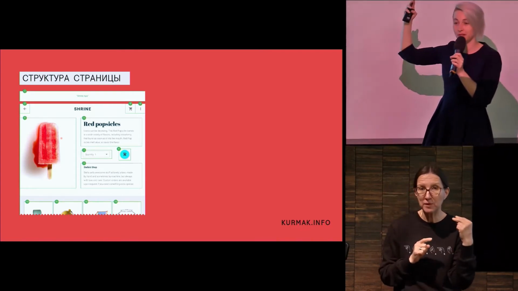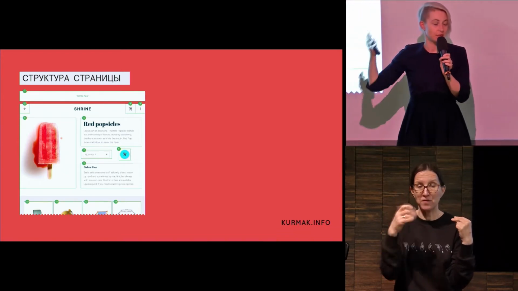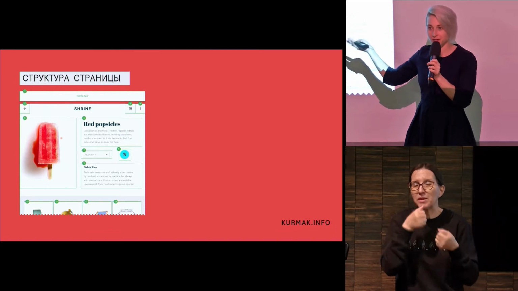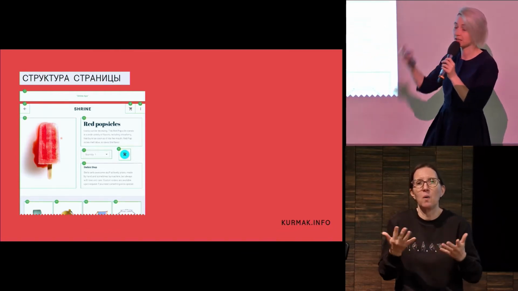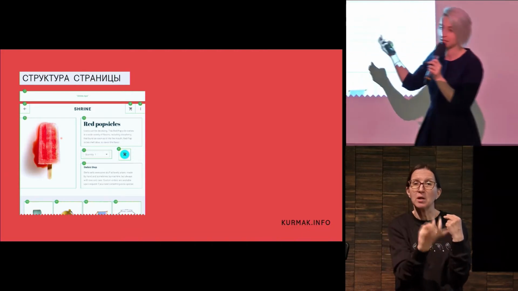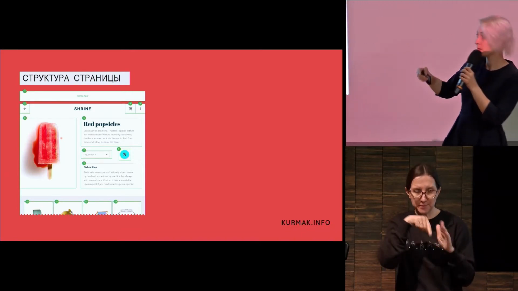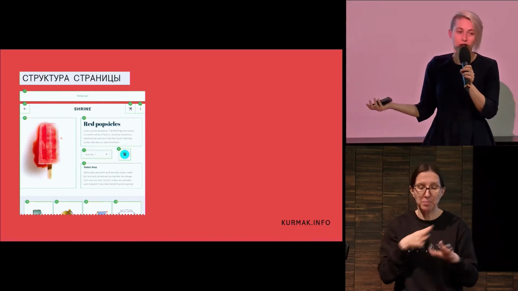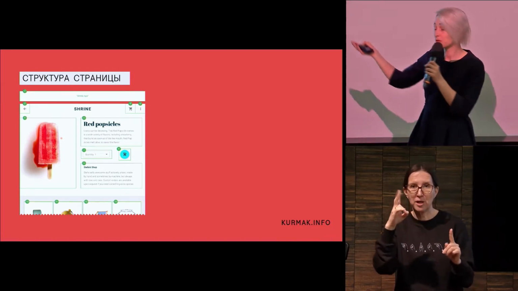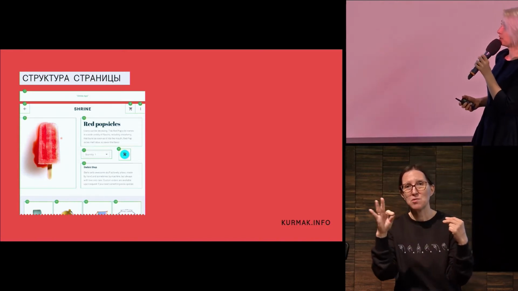Then it should be menu button. Next, we have an image. The partially sighted user can see what is shown here. The screen reader should pronounce it, should spell it out as it is written in the code. So in the code that you see on Alt F, there must be a remark, ice cream or popsicle in this case.